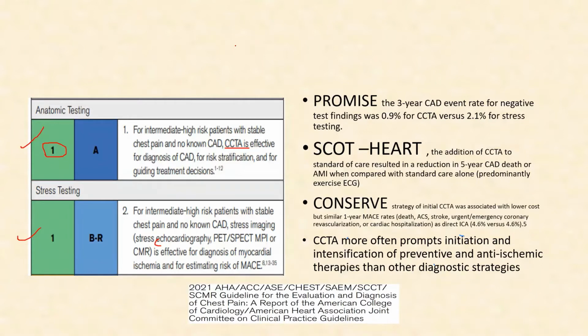But negative is a broad spectrum. That negative result might be a patient with mild plaque, moderate plaque, or even severe plaque. But you don't see that by the nuclear or by stress echo. By cardiac CT, you are going to see.